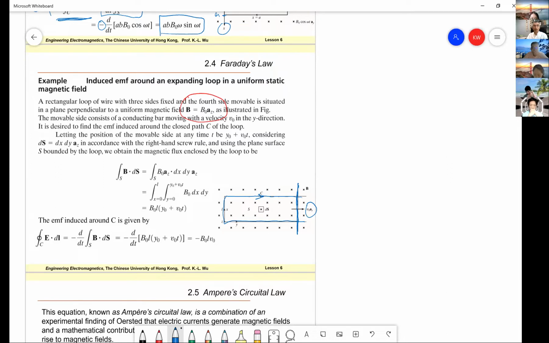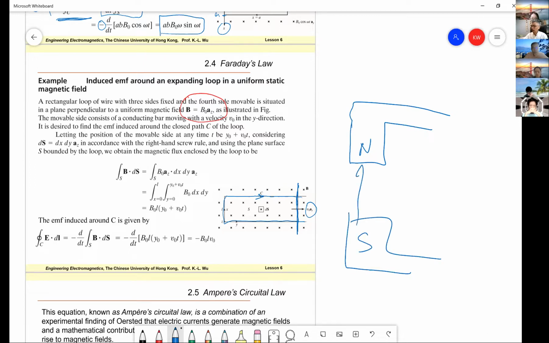So the change in area is also a way to create the EMF, right? If we have a constant magnet, but I have a conducting loop, then I can rotate it.